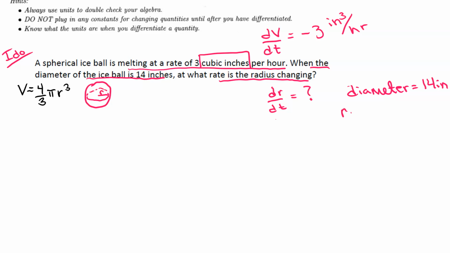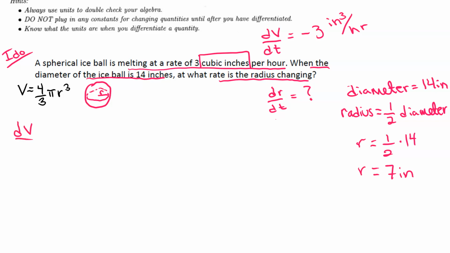We know that diameter is the whole way across the circle, and the radius is halfway across the circle. So radius is half of our diameter, which means we have to multiply the 14 times a half. And when you do that, you're going to get 7 inches as your radius. So now we have our known quantities. We have our variable equation, which relates the radius r to our volume. So we're ready to differentiate.